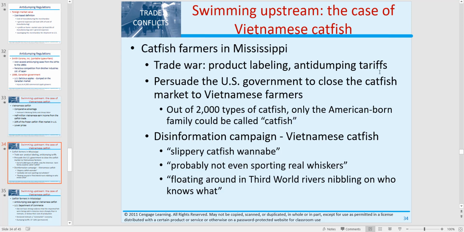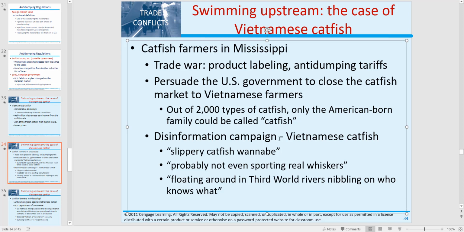And lobbying for anti-dumping tariffs. They were trying to persuade the US government to close the catfish market to Vietnamese farmers. And the way to do this was to force the Vietnamese farmers to call their fish something else than catfish, because they wanted to use that name only for the American-born catfish.